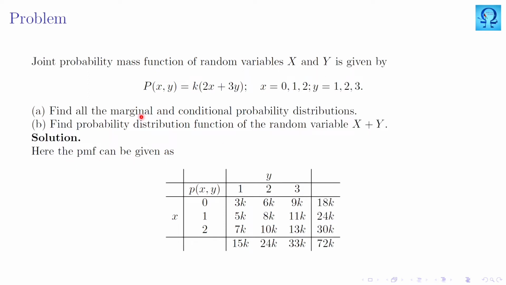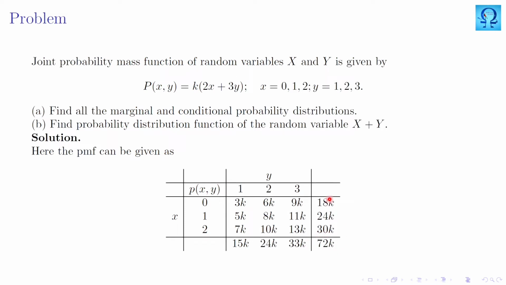Now from this we are writing the probability mass function for these things. We'll list the possible values of x and possible values of y. Substituting this in the given p of x y, we calculate the inner values. For each possibility of x, we calculate these three values, and similarly for y.